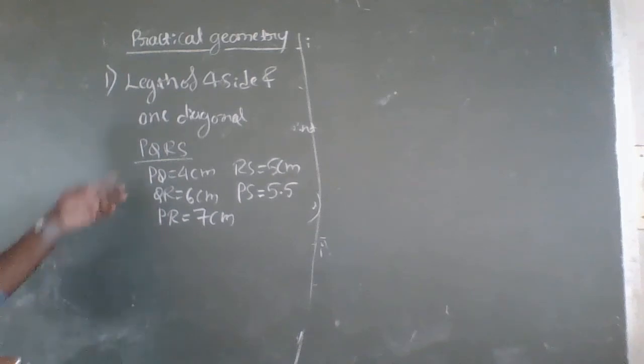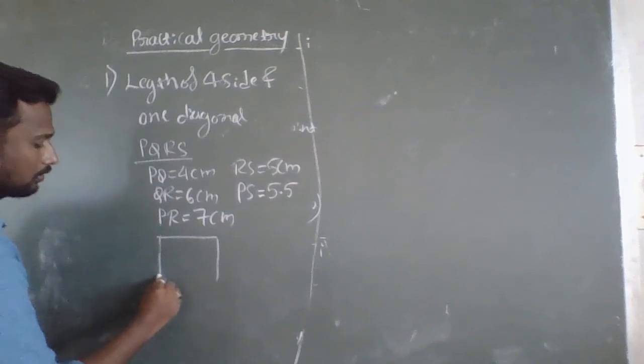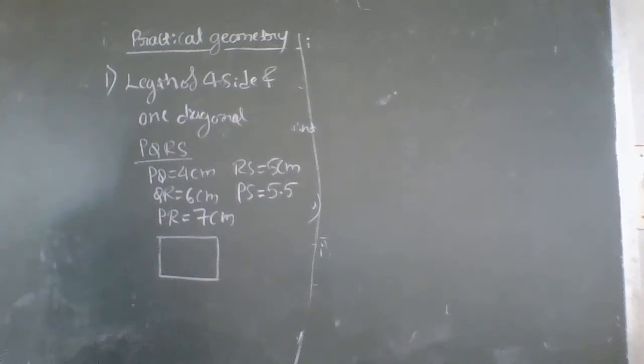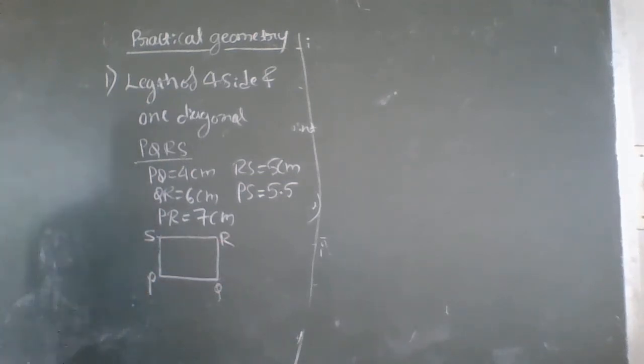So here they have given the length of four sides and one diagonal. First I will construct one rough diagram of the quadrilateral. Consider this is the quadrilateral and I will name it PQRS.